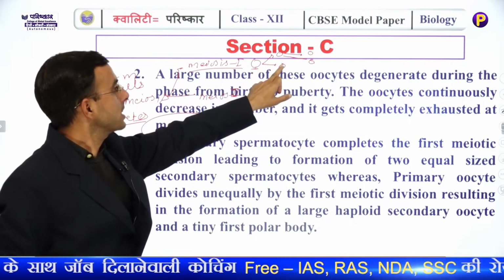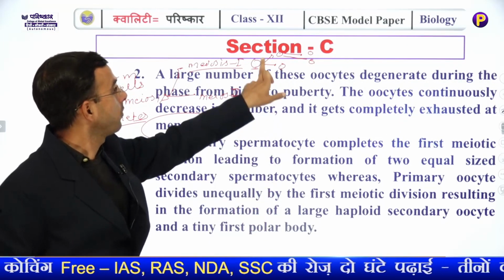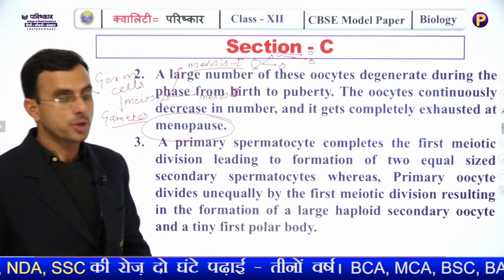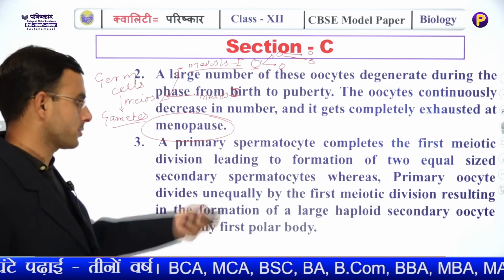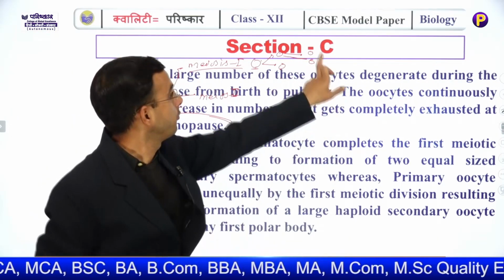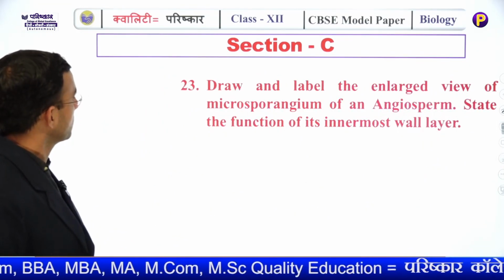In spermatocyte formation these two cells are equal, while there is unequal division during the development of oocytes. After this, the secondary oocyte is formed and one polar body is formed. So that is the 23rd question.